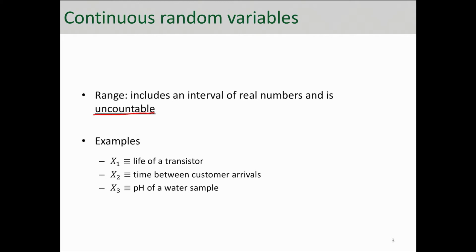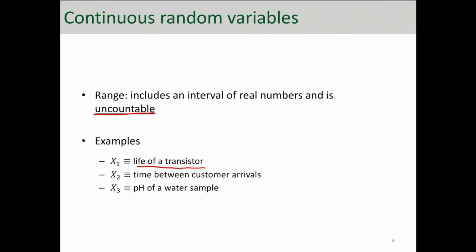Examples would be the life of a transistor. When we're talking about life, we're essentially referring to time, and time is continuous. Between any two values of duration time, there are millions of other values. So there are uncountable possibilities for the life of a transistor because the range in time is continuous and non-countable.